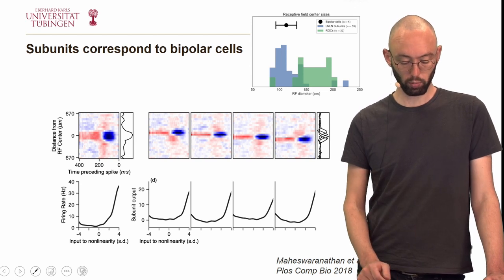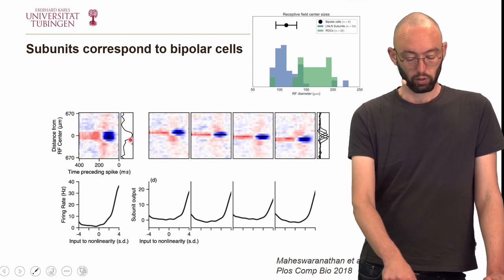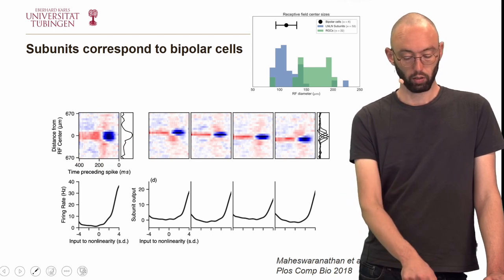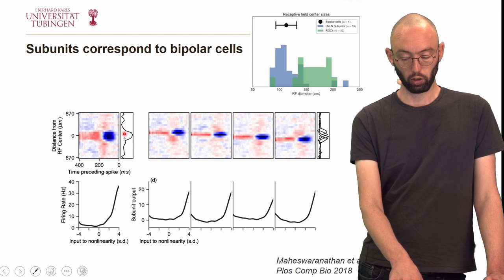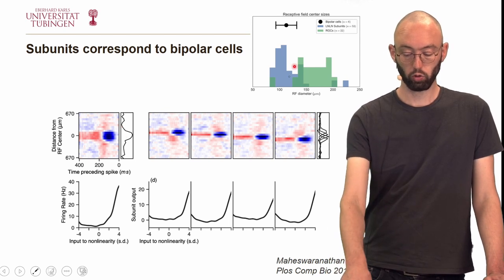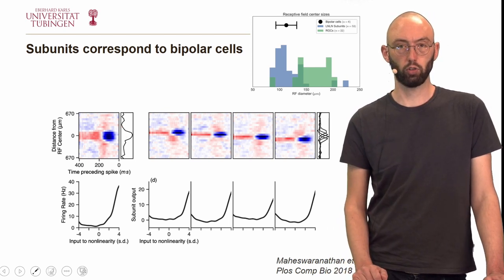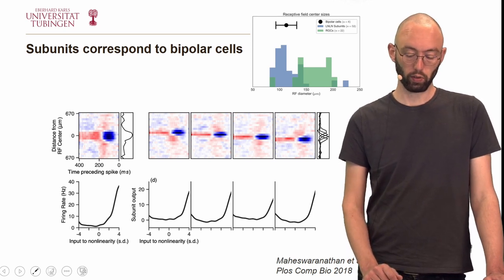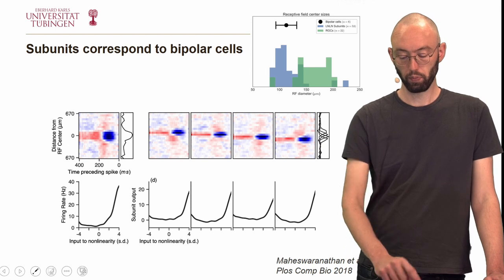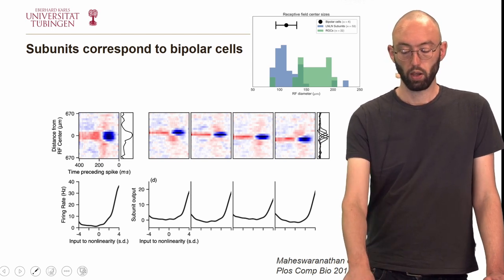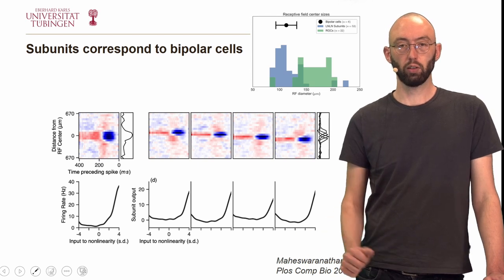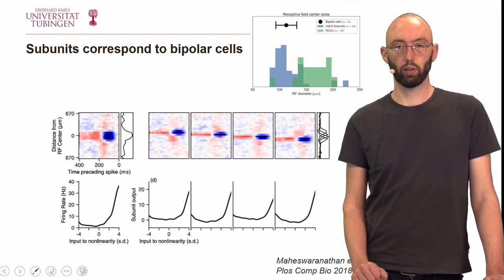So in this case, for example, we have a single LN model of the ganglion cells, and if we measure its width, it has a distribution with an average between 150 and 200 micrometers. And if we fit a subunit model instead, we get such 4 subunits, and the size of these subunits is on the scale of what we would expect from the presynaptic partners of the ganglion cells, the bipolar cells.